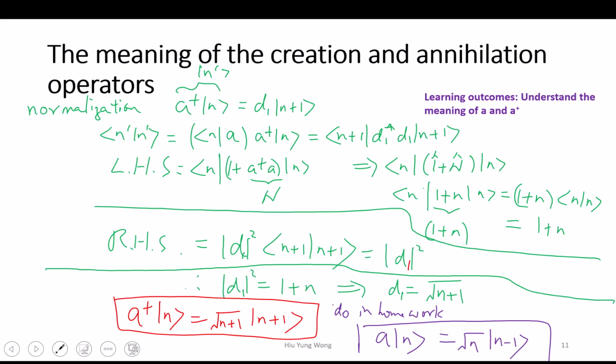A dagger n becomes n plus 1. A n becomes n minus 1. It looks like I'm taking 1 unit of energy from the system and putting 1 unit of energy into the system, respectively.